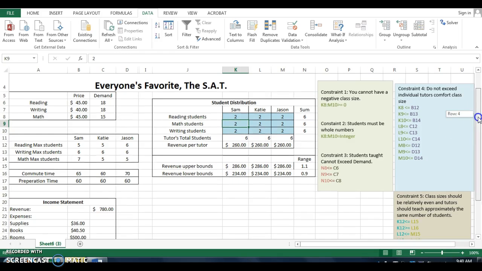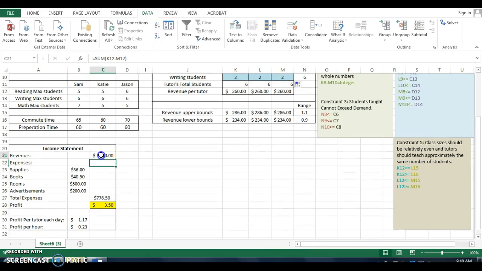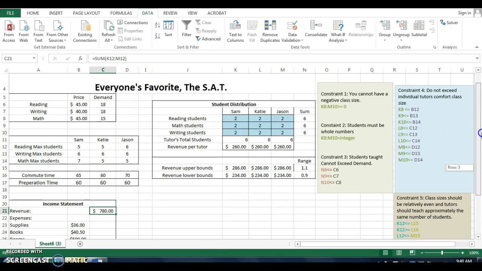Down here is our income statement. And like I said earlier, for now we're going to be optimizing profit, preferably with a maximization at first, and then we can play around with that later. We can see the general income statement, revenue, expenses, profit, and whatnot. The last thing that I want to bring your attention to is over here, my 3 texts.